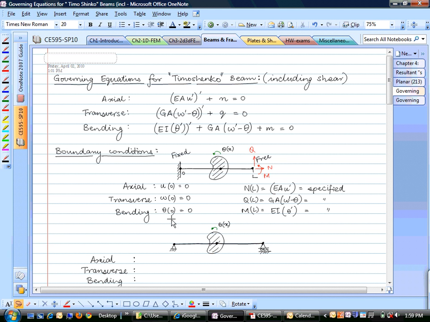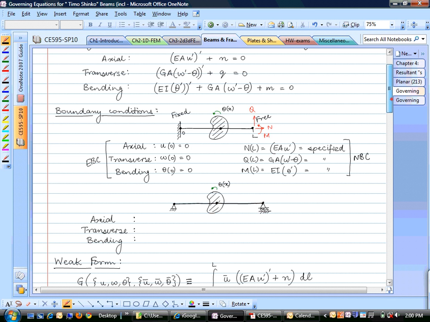Right, so these fixed conditions would all be essential boundary conditions. And all those where you need to specify some force variable are natural boundary conditions.